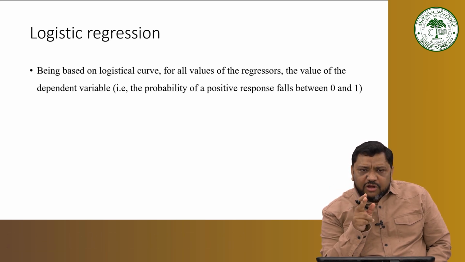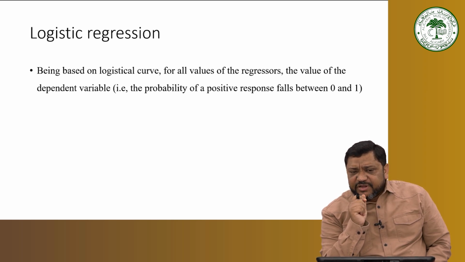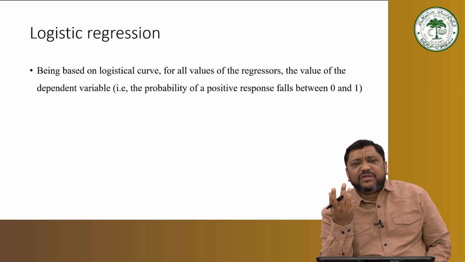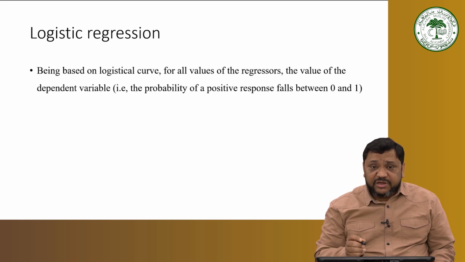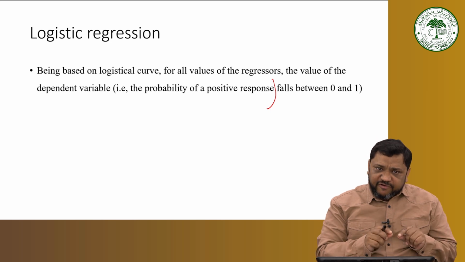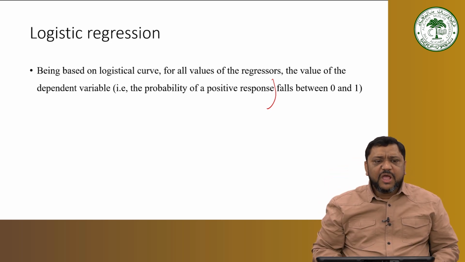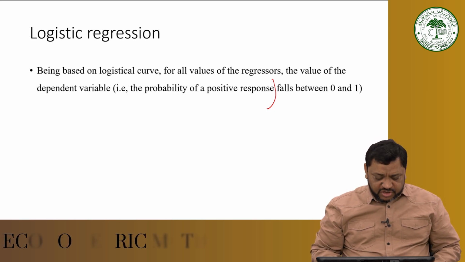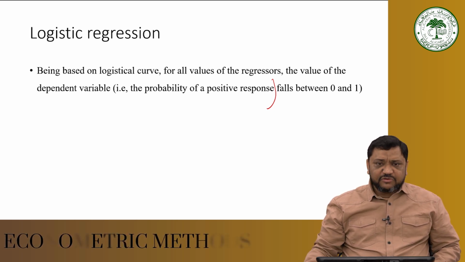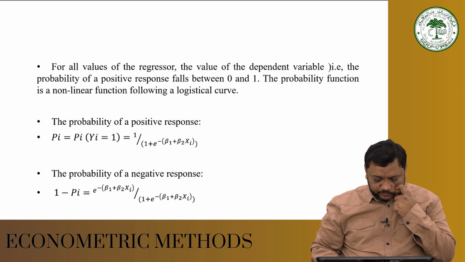For all the values of the regressor, the value of the dependent variable, that is the probability of a positive response, falls between 0 and 1. This is the case in a logistic regression. The values will fall between 0 and 1, and it has that S shape, as we will see.